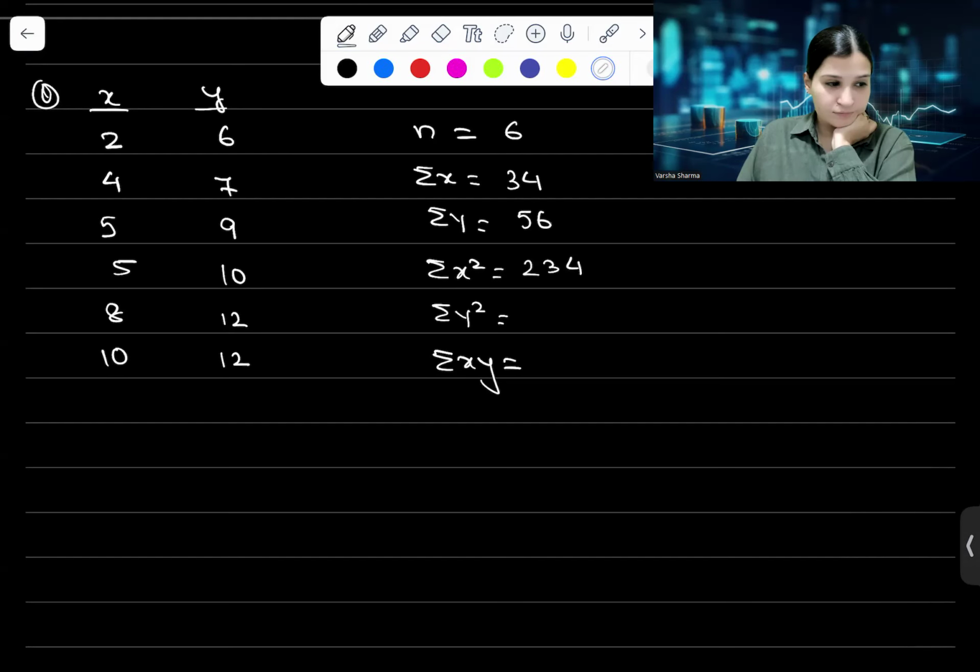Summation y square? 554. Summation xy? 351.